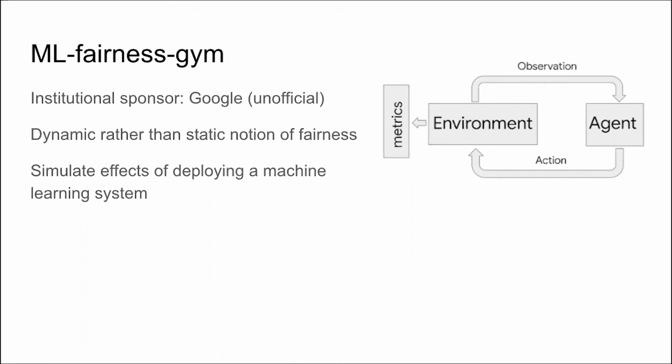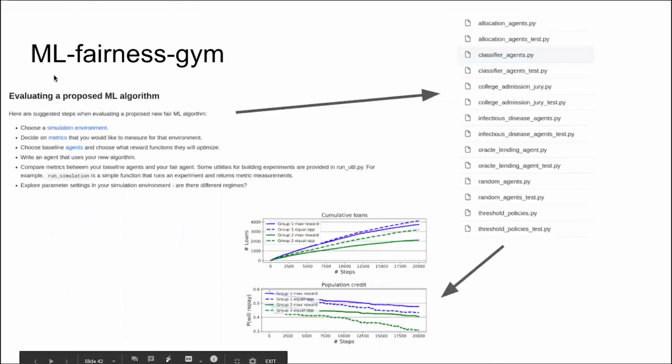And you can think in this way, how might I have these feedback loops where I might have runaway bias or runaway unfairness? Or also, how can I just think dynamically about how my model is going to impact the world? And so what they do is they give you a simulation environment. You think about the fairness metrics you want to use. You think about what kind of agent you want to use, and they have coded up quite a few.